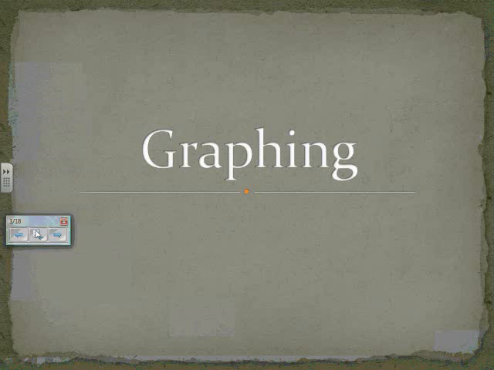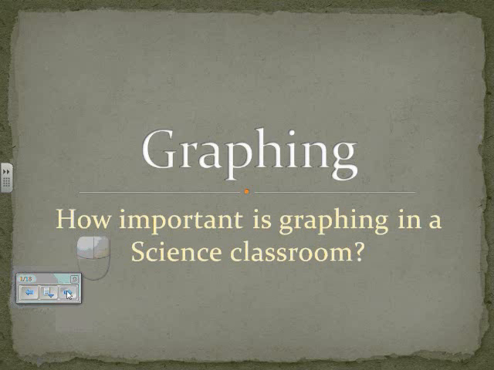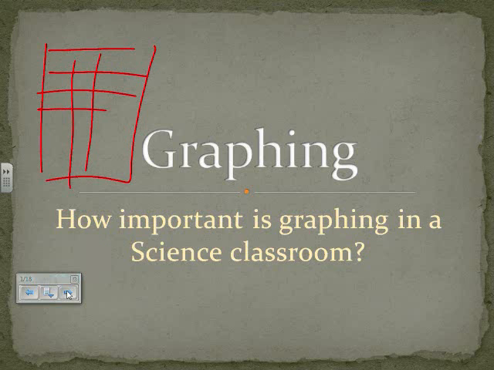All right, this is our lesson on graphing. So, wanting to point out the importance of graphing in a science classroom, right? When you have large amounts of data created into tables and you have to read these spreadsheets with all of these different data values, it becomes quite confusing.